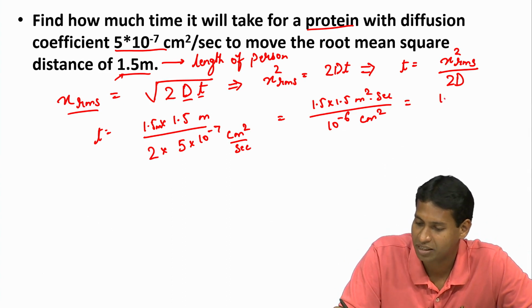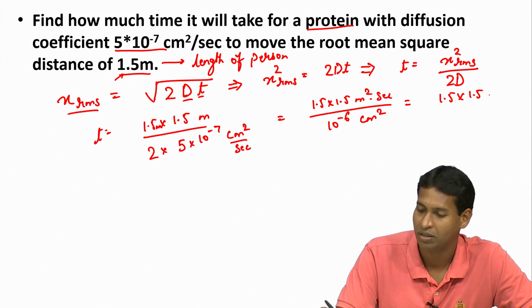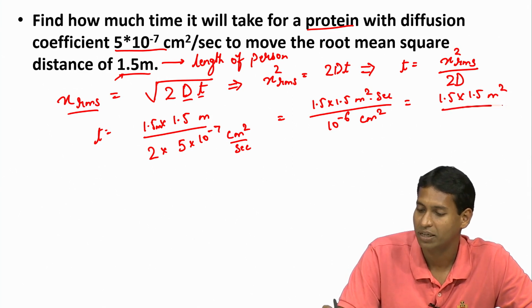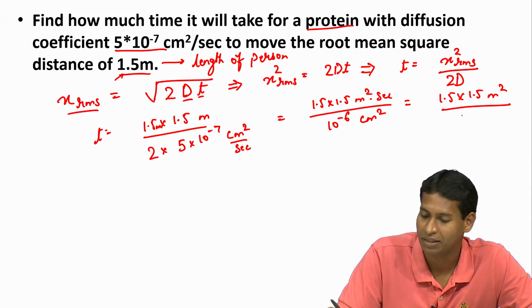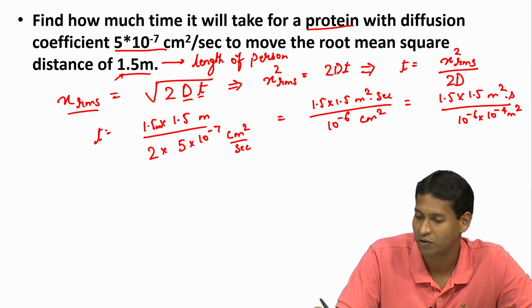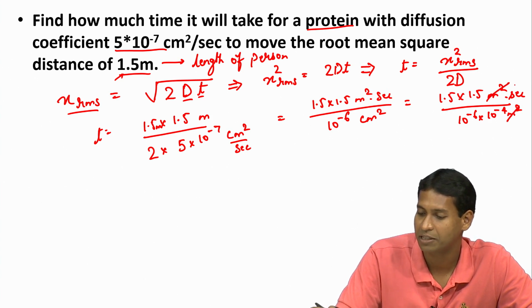So I can then change this to 1.5 multiplied by 1.5 meter square divided by, so 1 centimeter is 10 to the power minus 2 meter. So that will become 10 to the power minus 6 multiplied by 10 to the power minus 4 meter square, and of course second here. So now the meter square can get cancelled.